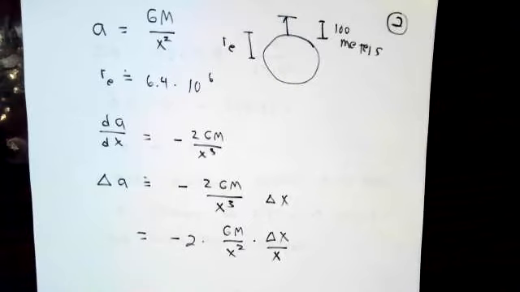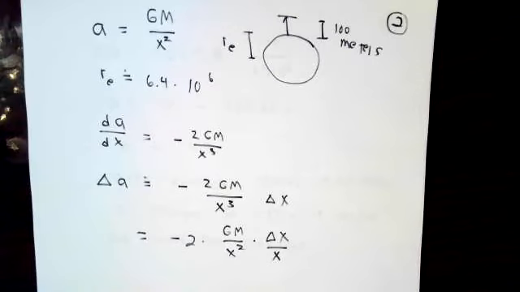If you factor that up, you get negative 2 multiplied by GM over x squared times delta x over x. This is very convenient because GM over x squared is the acceleration due to gravity. Delta x is the amount that you changed x by, and x is roughly 6.4 times 10 to the 6 meters. I want to think about delta x being about 100 meters.